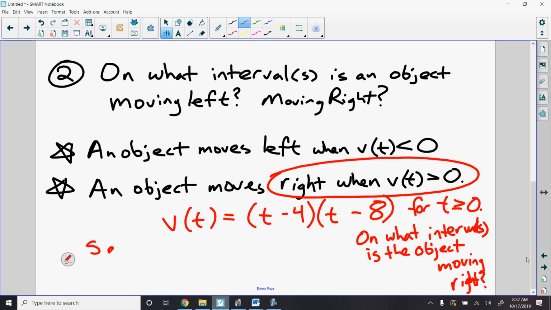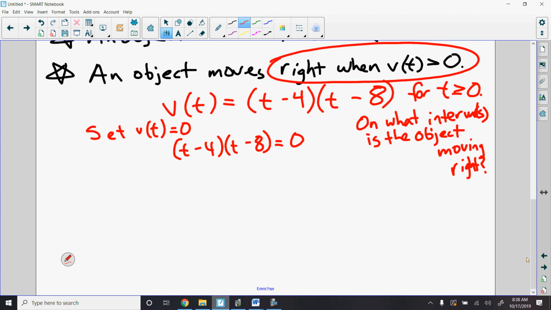So set v of t equal to 0. This is already factored for us, so I can figure out where v of t equals 0 by setting t minus 4 and t minus 8 each equal to 0. Since it's already factored, I can set both parts equal to 0 and solve each one.